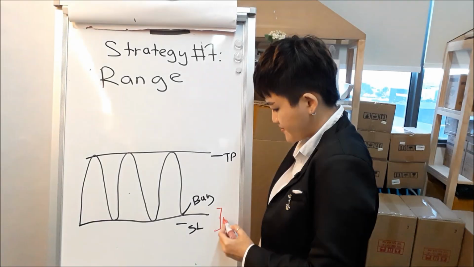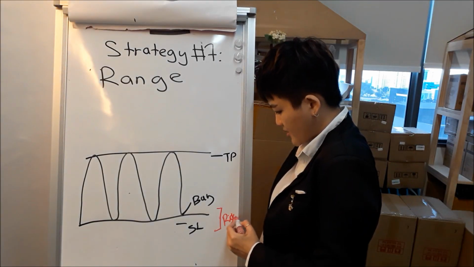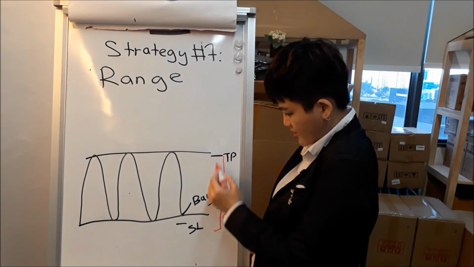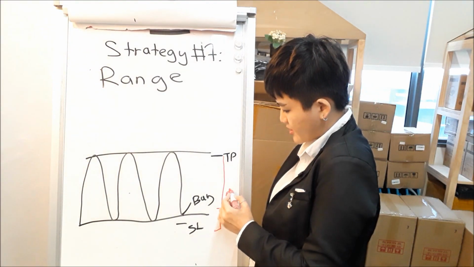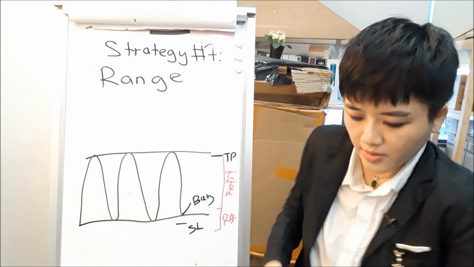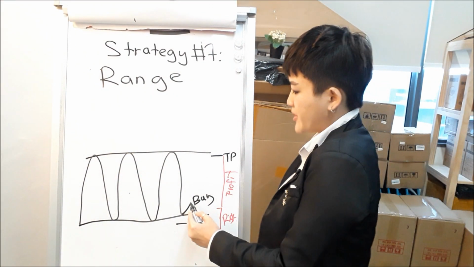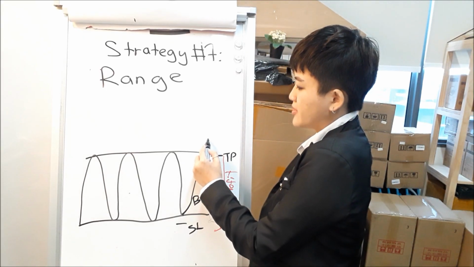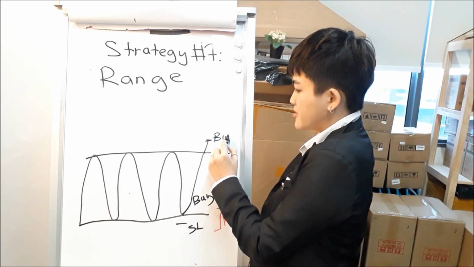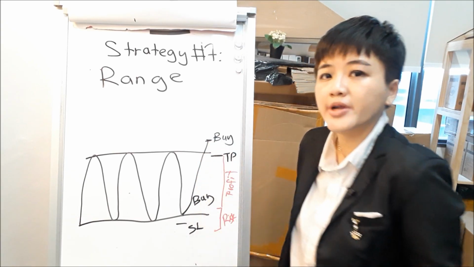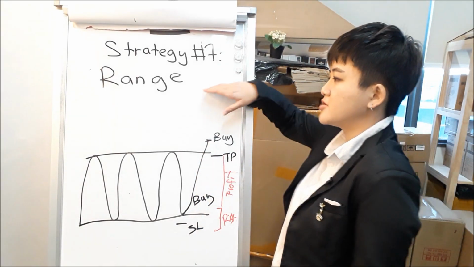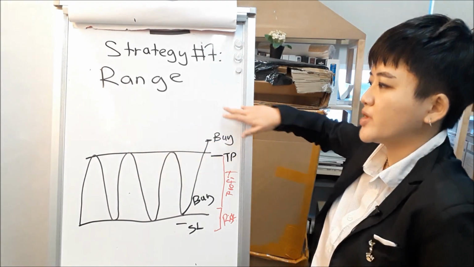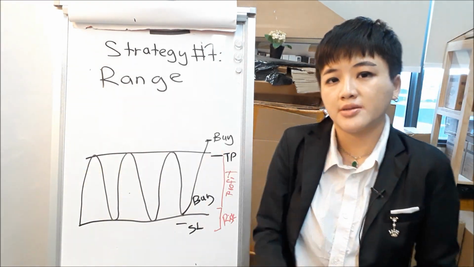This is what you are risking, and this is your potential profit. Agree with me? What happens if the price breaks away from this range? Let's say it breaks above over here. Some traders are going to trade the breakout. Since this is no man's land, where price never went before, where do you set your TP target?